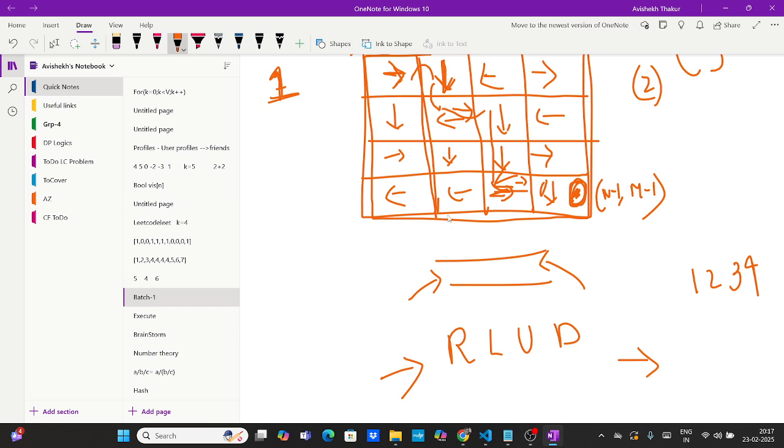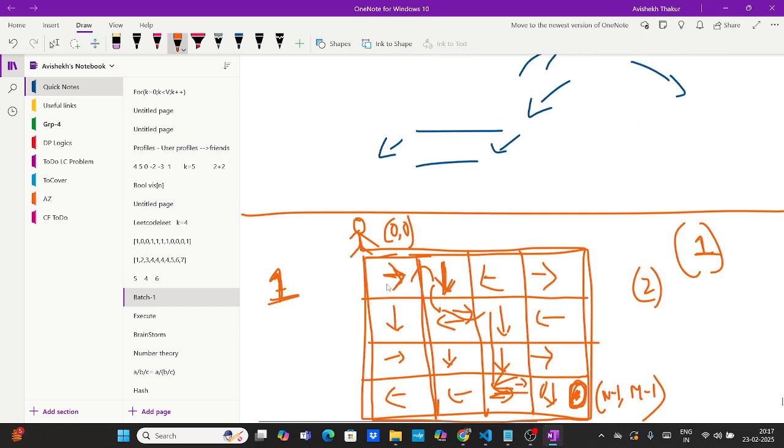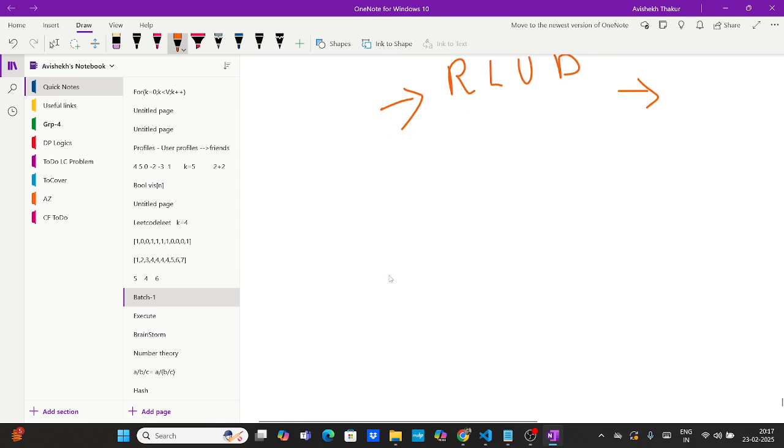I should have some node data structure in which we maintain I, J.